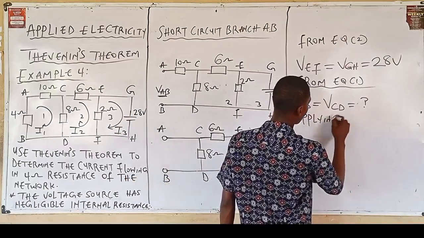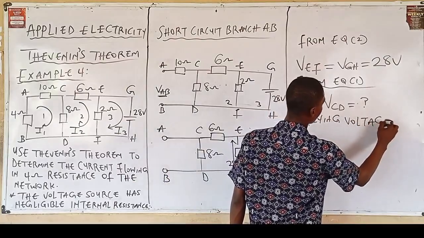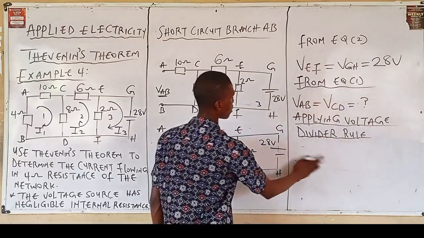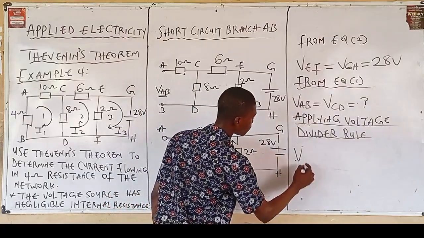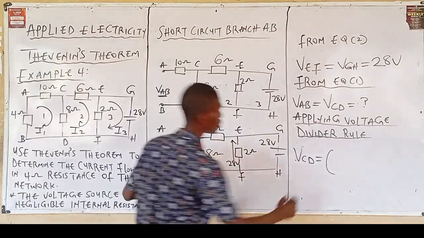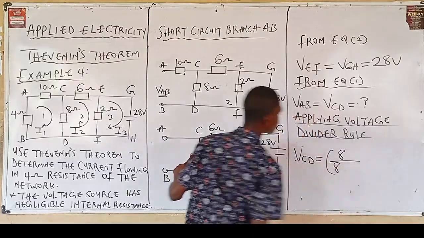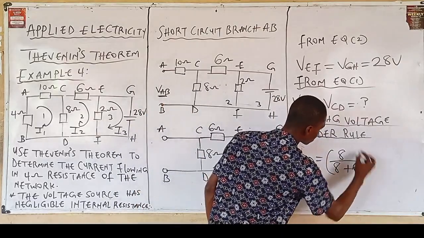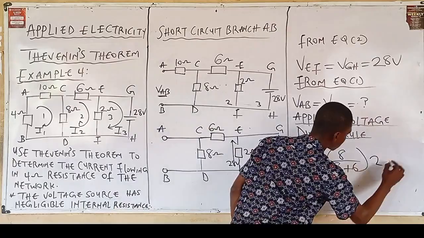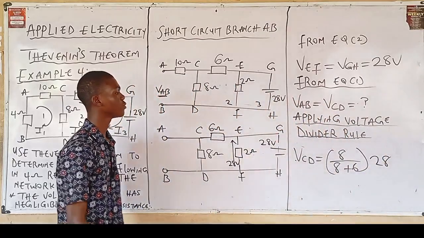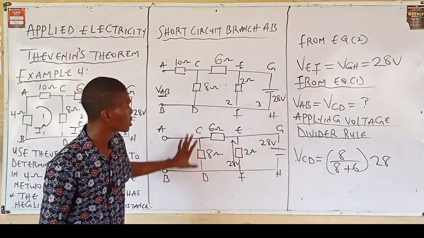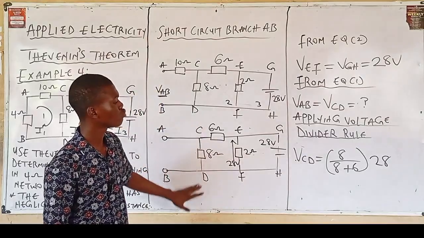Applying the voltage divider rule, we want to obtain the voltage across branch CD.